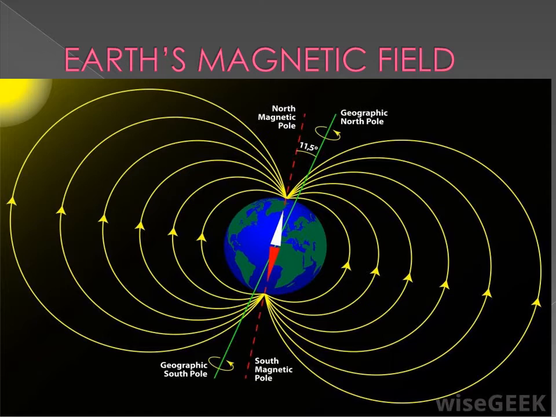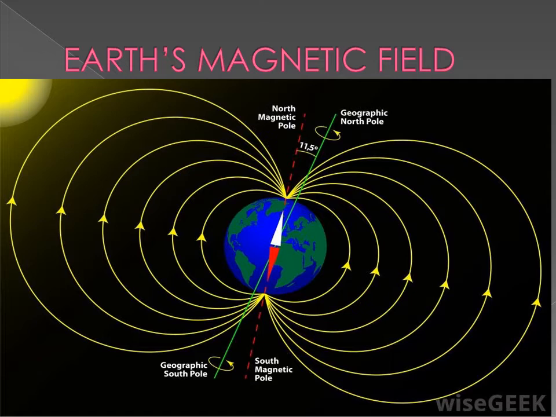The north pole of a magnetic compass needle is attracted towards the magnetic south pole of the Earth, which is near the geographic north pole. Similarly, the south pole of the needle is attracted towards the magnetic north pole of the Earth, which is near the geographic south pole.